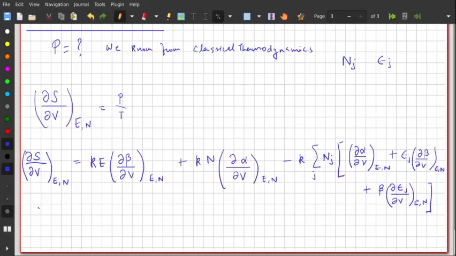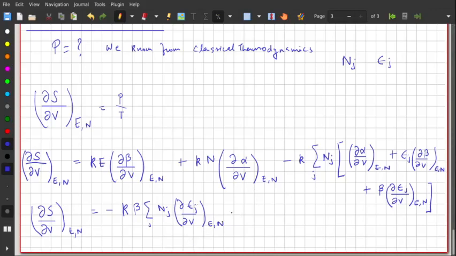So we have partial S partial V at E comma N equal to minus K sum over j of n j partial epsilon j partial V at E comma N.